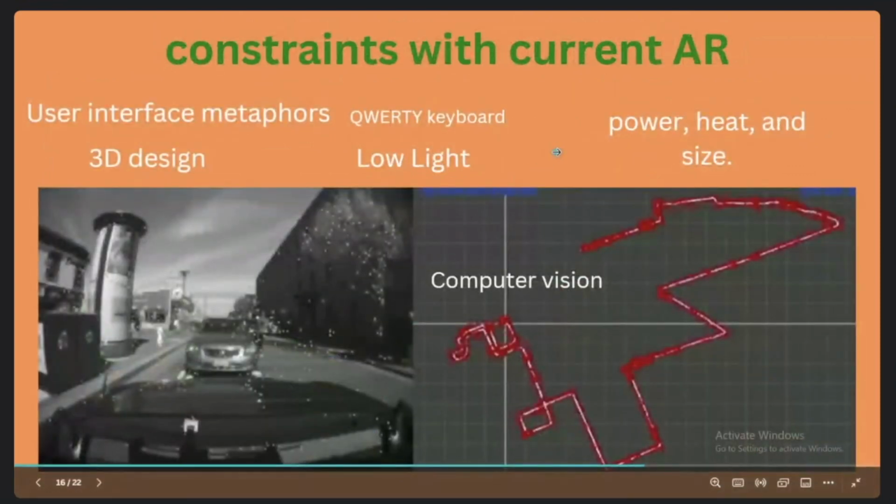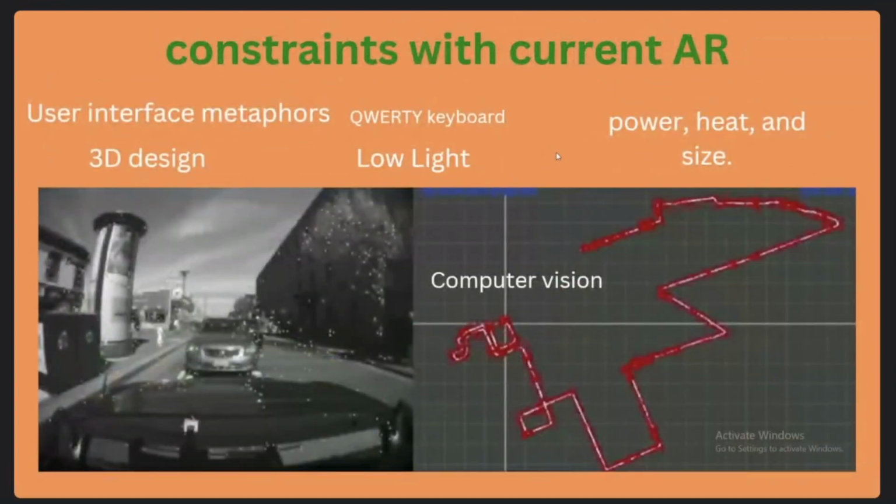Some of the constraints with current AR, the first is the user interface metaphor. What is meant by this? In every device we use the QWERTY keyboard, in computers, smartphones, and even some other devices, so that can be used easily in the UI. But in AR, what is the language?